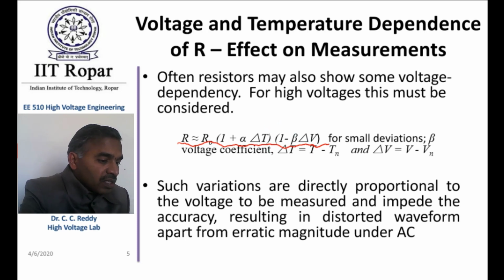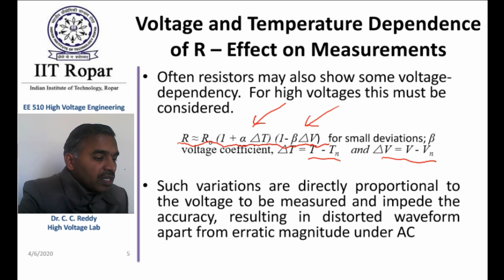Here you can see, for small deviations, delta t and delta v, if the values are small, then a linear approximation can be done like this: 1 plus alpha t and 1 minus beta v. With voltage, a little decrement in the resistance is observed; with temperature, a little increment in the resistance is observed.